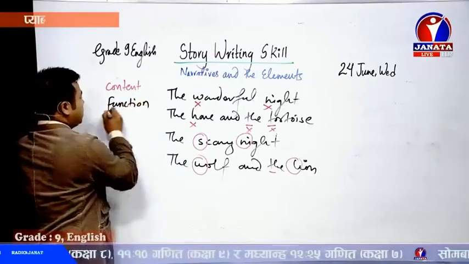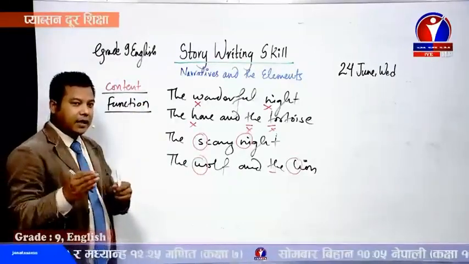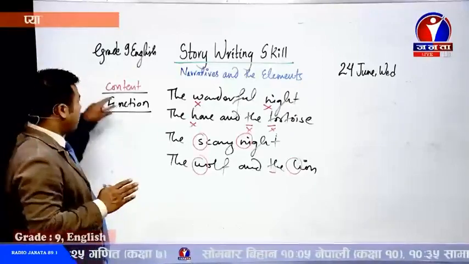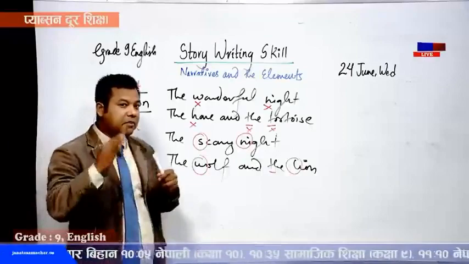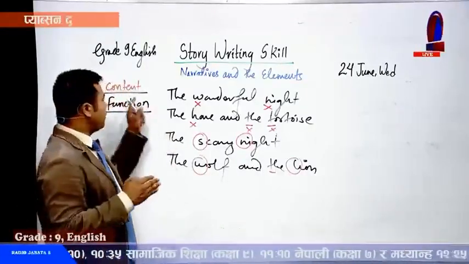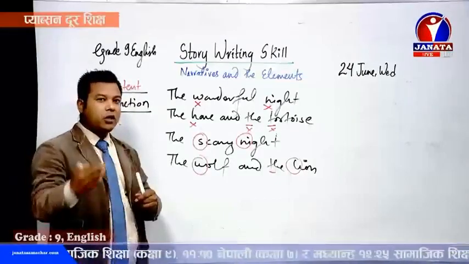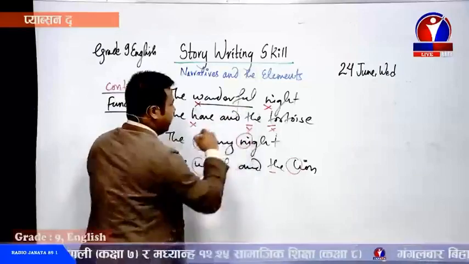In every title, whether you are doing an essay or poem or story, content words are the words which have their own meanings. In isolation, I can understand the meaning of the content words without their being used in a sentence. For example, here, I know what wonderful is. I don't have to explain this.